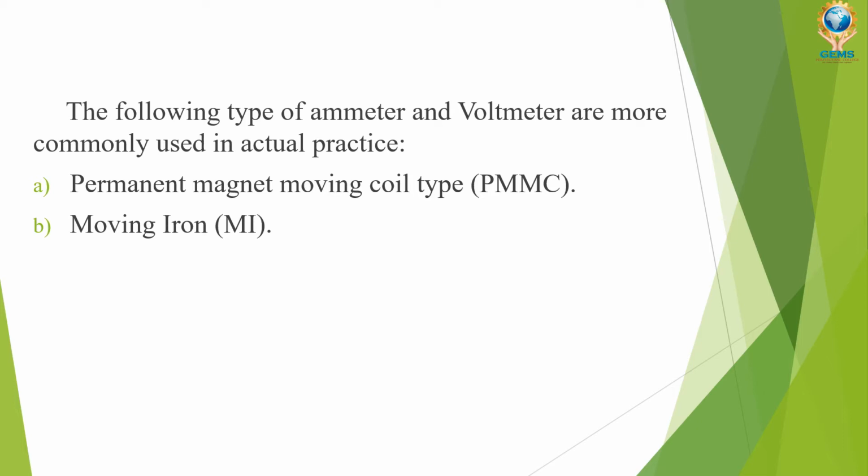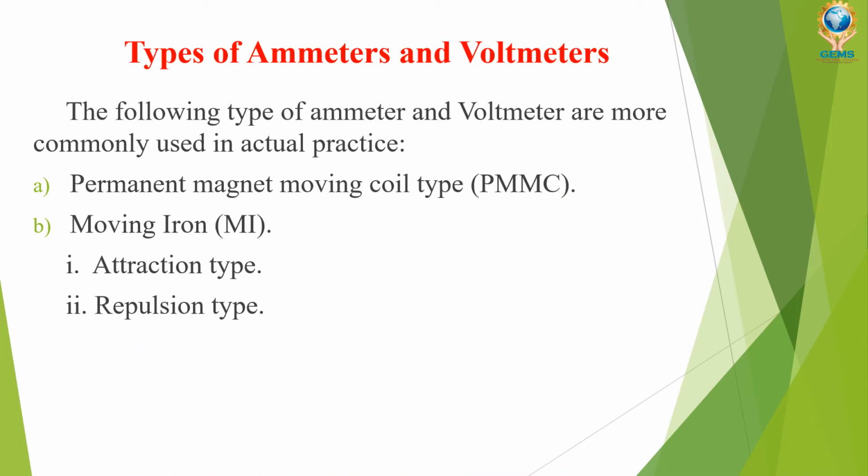First one is permanent magnet moving coil and second one is moving iron type. Now we will study about these two. In this moving iron type, we have further two types: attraction type, repulsion type. We will study one by one. These are the types of voltmeters and ammeters.